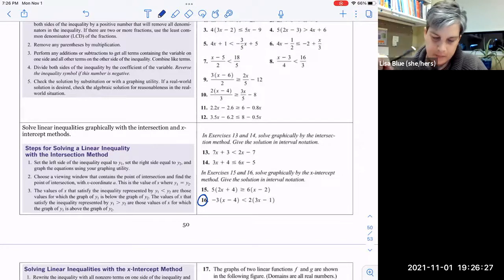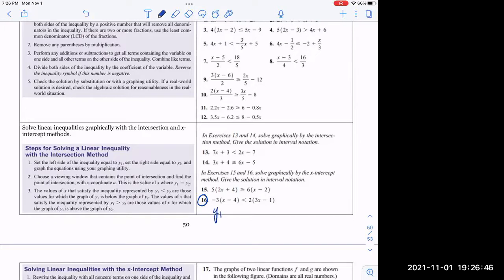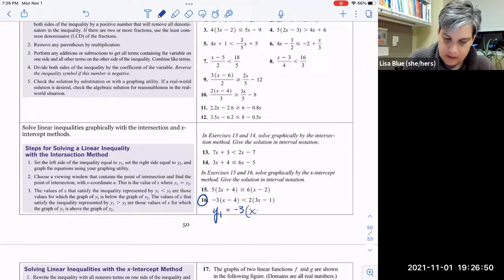So we're going to set the left side equal to y1 and the right side equal to y2, and then you graph both of these in your calculator. And so we will say y1 is equal to -3(x - 4).